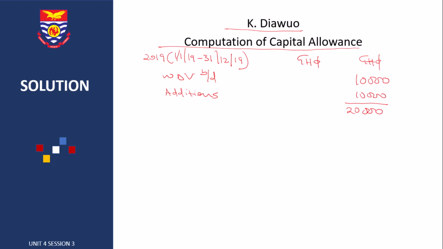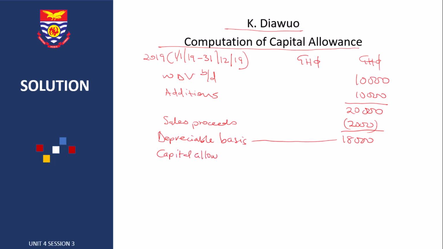So we have sales proceeds 2,000. So we are deducting. We have 18,000. And this 18,000 is the depreciable basis.